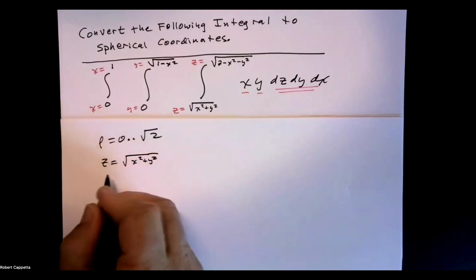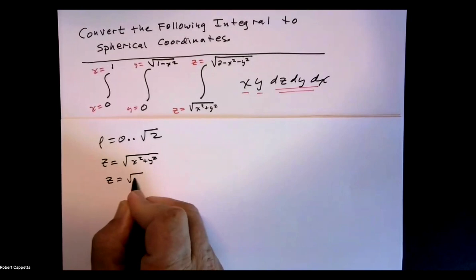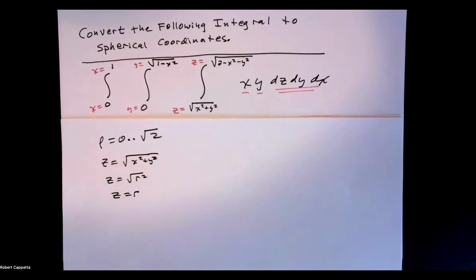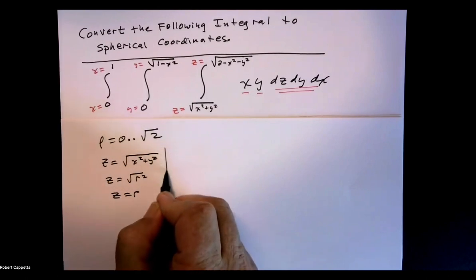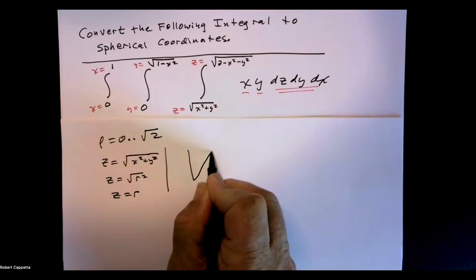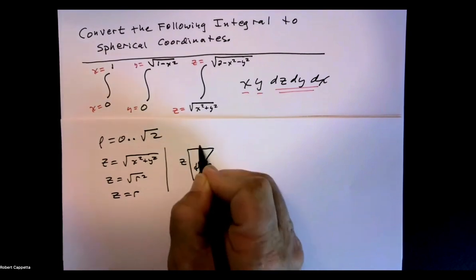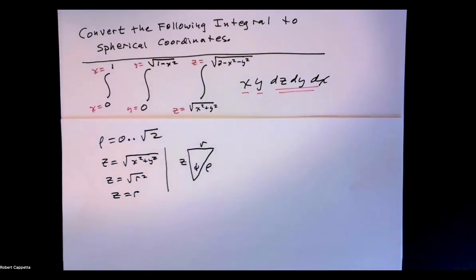X squared plus y squared is r squared, so z equals root r squared, so z equals r. And then we have our favorite triangle, which is z here, which is phi here, which is rho here, which is r there.